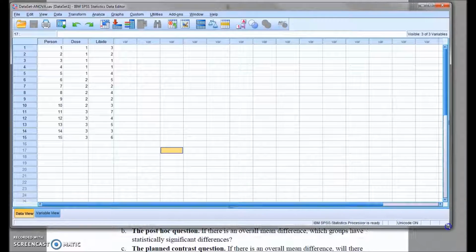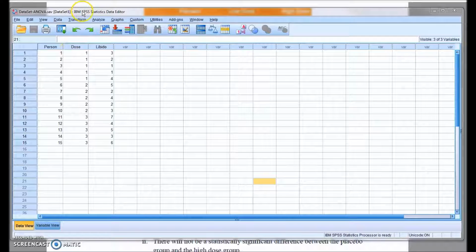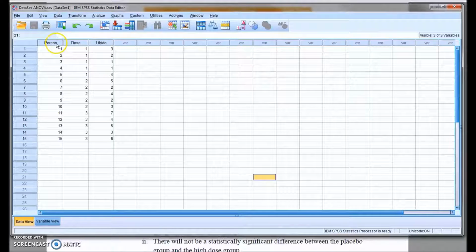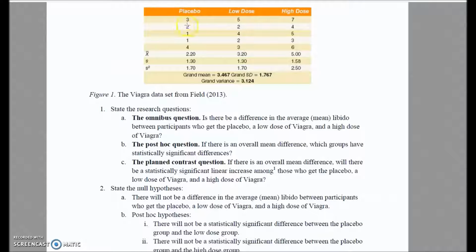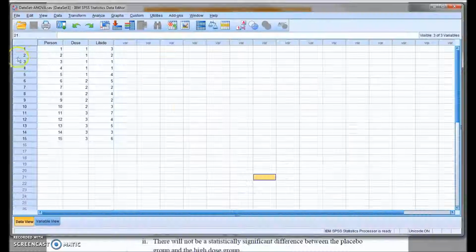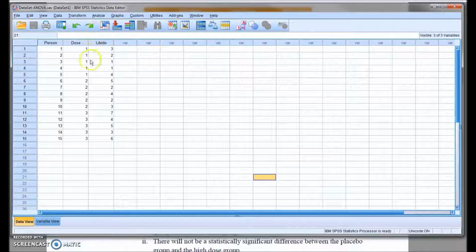So here it is in SPSS. In this data set, there are 15 people. Remember how we had 5 for placebo, 5 for low dose, and 5 for high dose. Here we have all 15 people, and you have groups of 5, coded as 1s, 2s, and 3s.